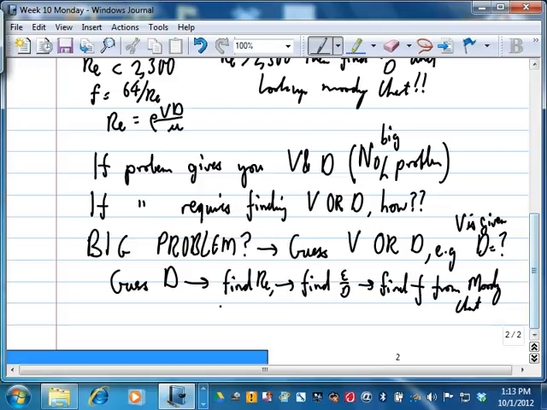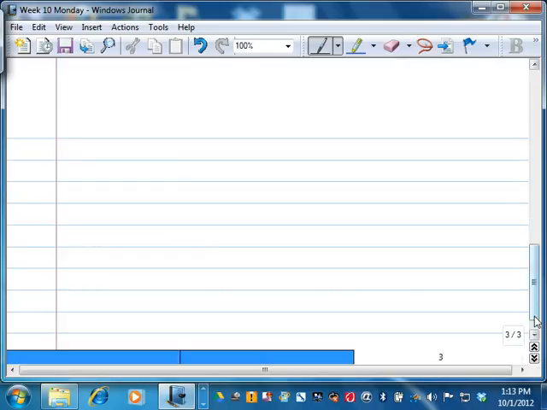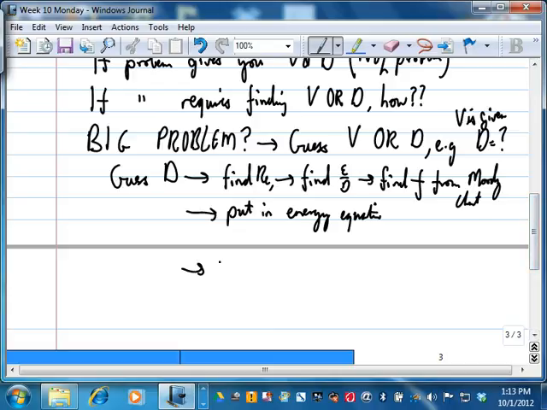After that, put it in the energy equation. If the right hand side equals the left hand side, good guess.